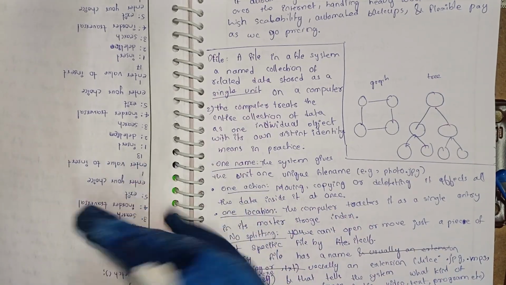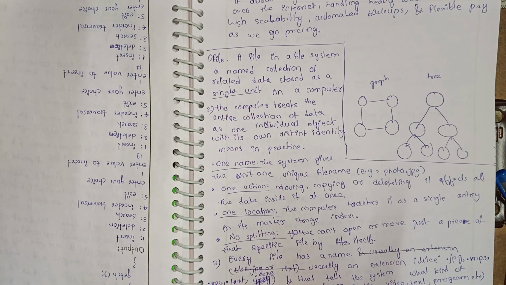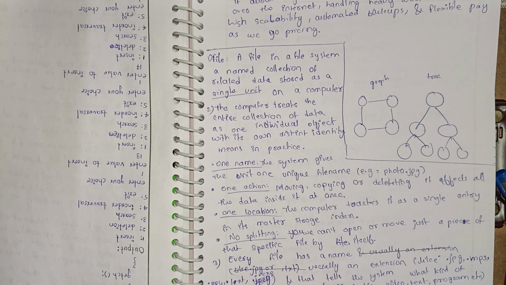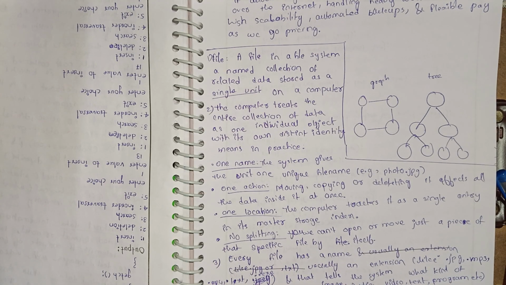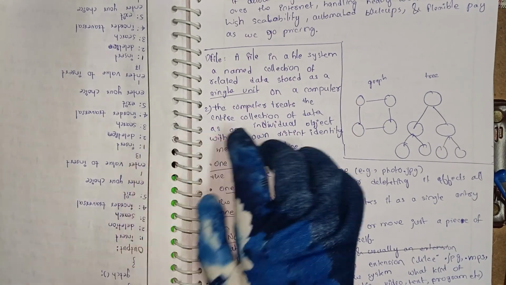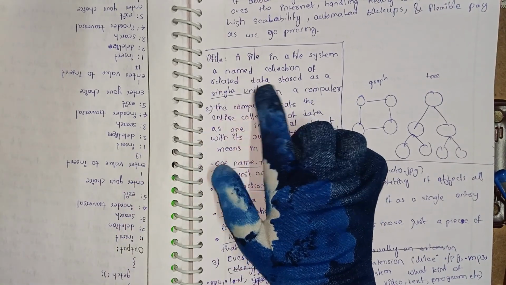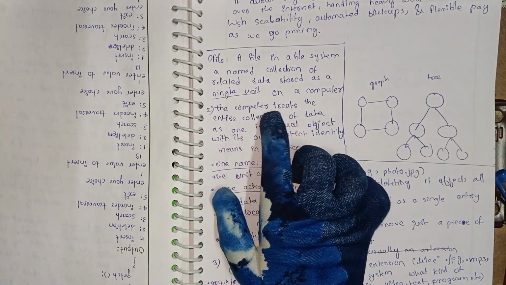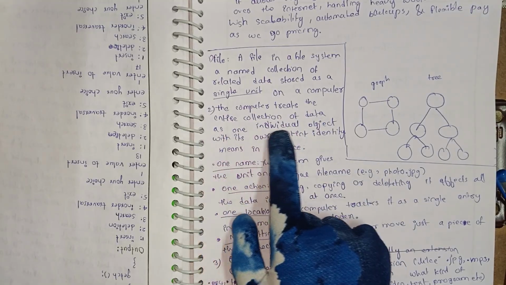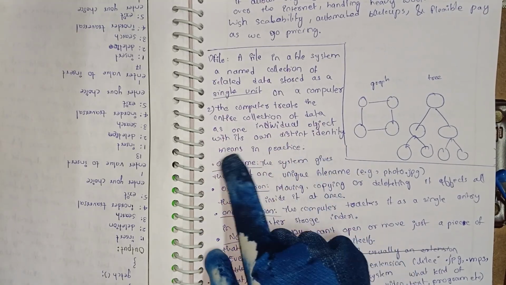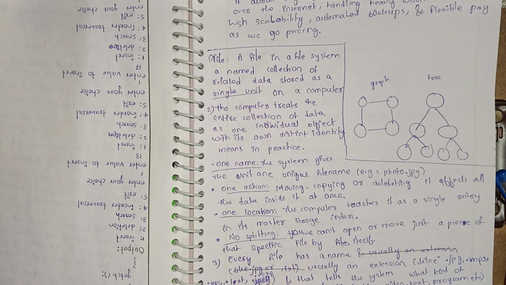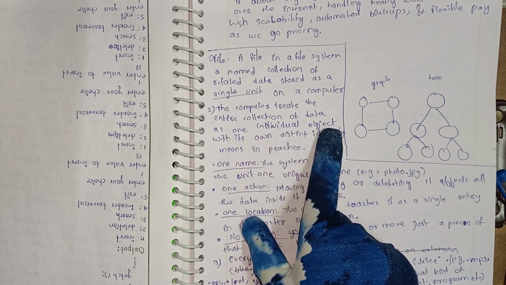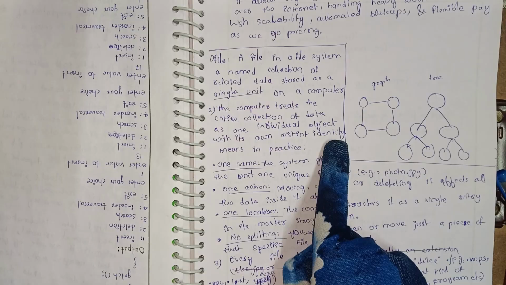So like customer name and their purchase history and their address, etc. And single unit means the computer treats the entire collection of data as one individual object with its own distinct identity.